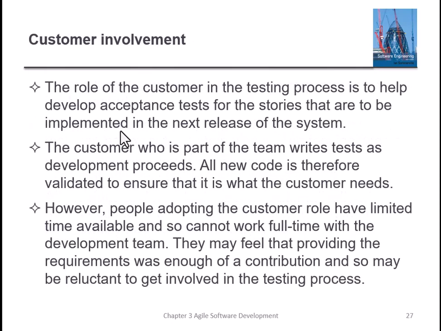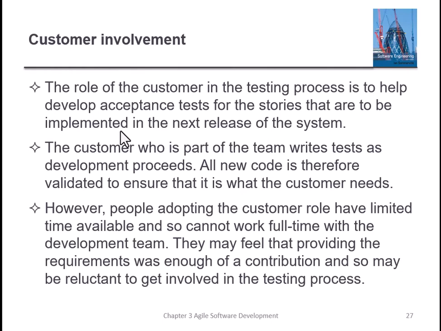Customer involvement: the role of the customer in the testing process is to help develop acceptance tests for the stories that are to be implemented in the next release of the system. The customer, who is part of the team, writes tests as development proceeds. All new code is therefore validated, and the validation process is useless in Agile if you don't include the customer.